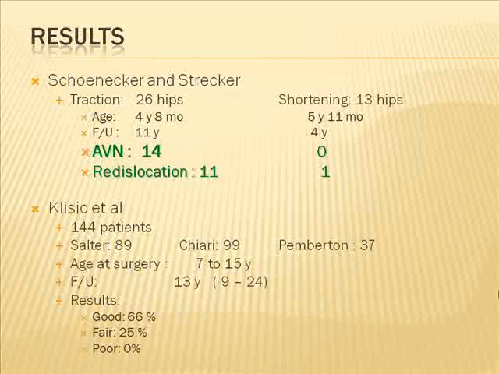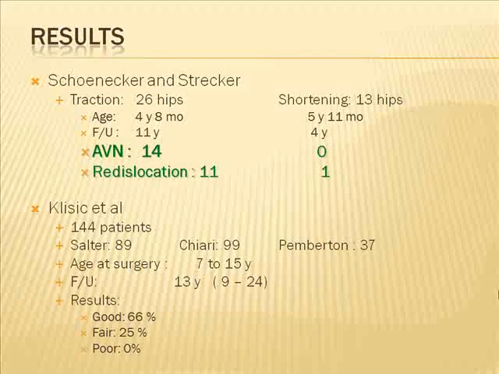Schoenecker and Strecker did a study with traction versus shortening, meaning cutting a piece of the femur bone out during reduction. The numbers were about similar with respect to the age, although the follow-up was a little bit longer in the traction side.